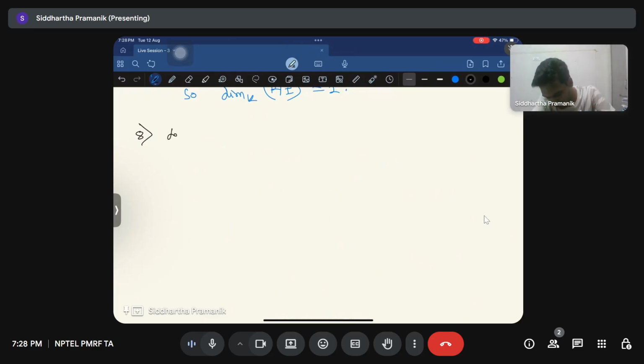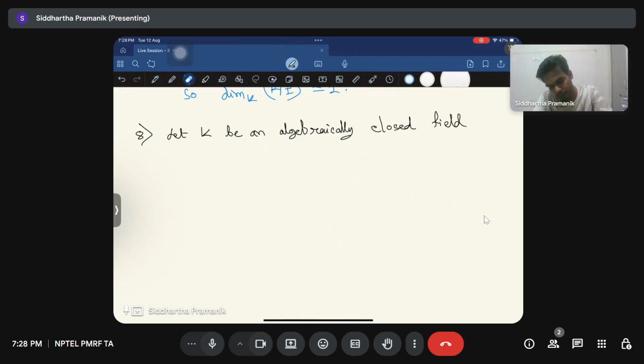So let K be an algebraically closed field and I a subset of the polynomial ring in n variables over K be a radical ideal.